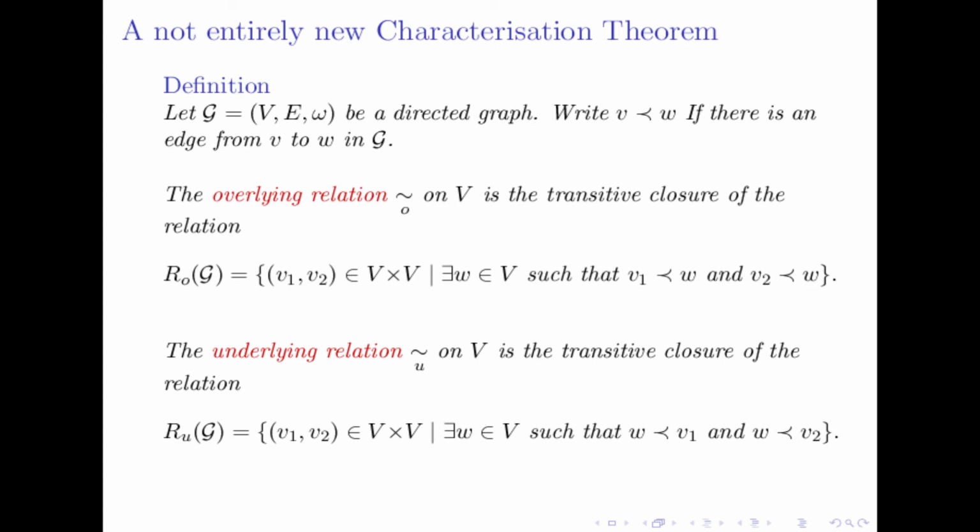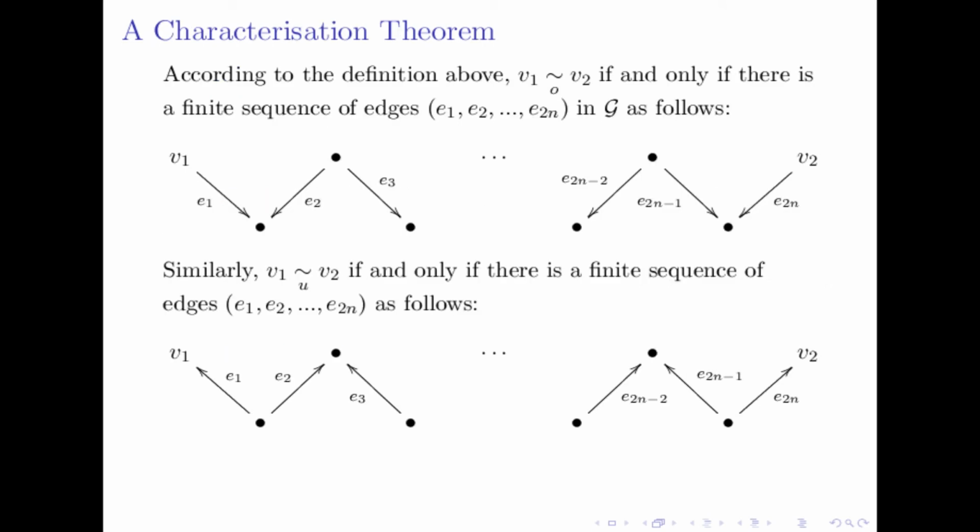So, what does it mean? V1 will be related to V2 by the overlying relation if there's a sequence like that of vertices which are related in this way. Okay?